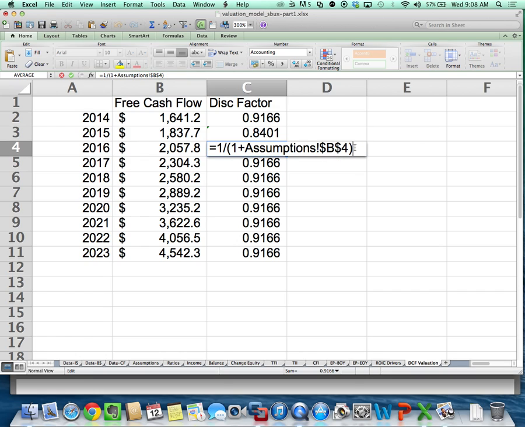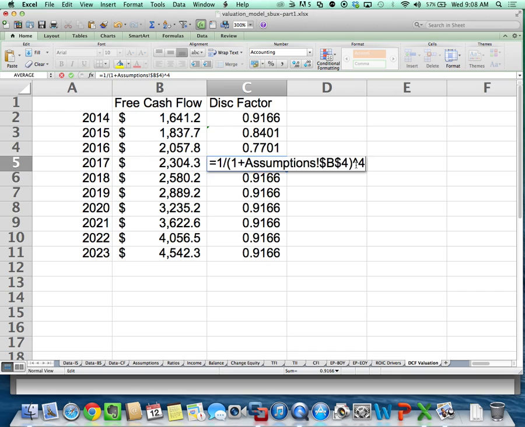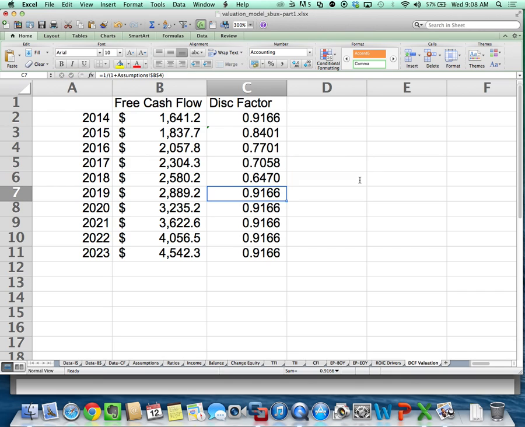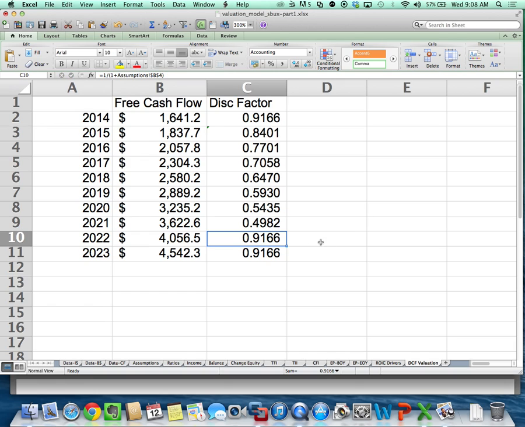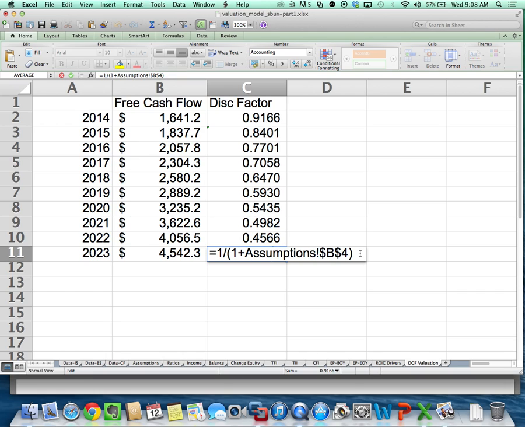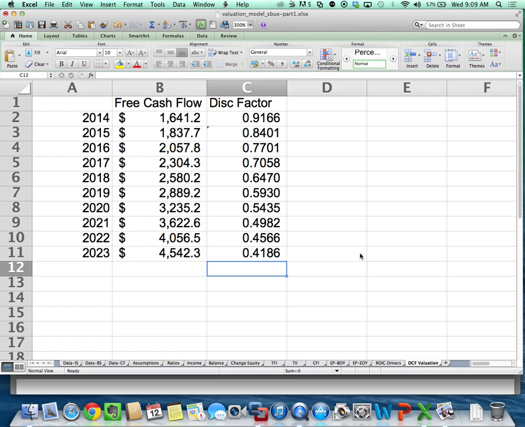1 plus r cubed, power of 3. Power of 4, power of 5, 6th power, 7th power, 8th, 9th, 10th.